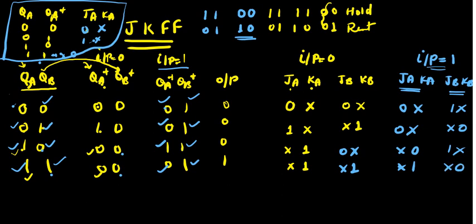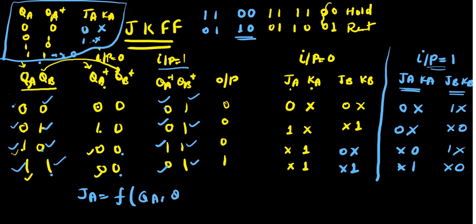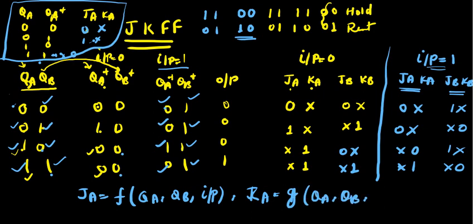So now we have the values of JA, KA, JB, KB in terms of the previous state as well as the input. Now you have to find out this function, right? What type of function will provide you this excitation?